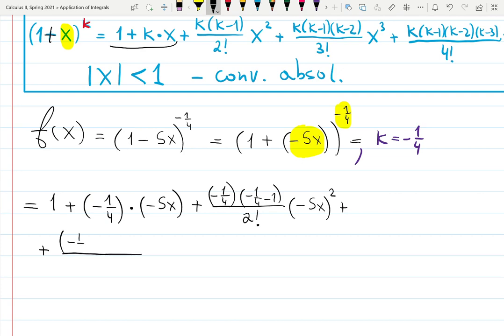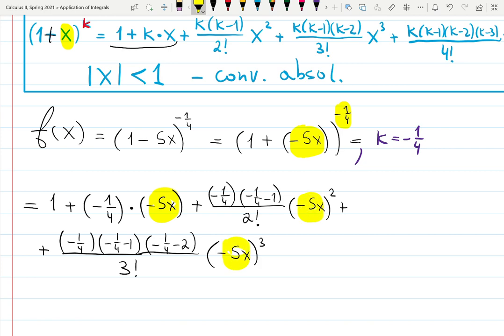So it's going to be minus 1/4 times minus 1/4 minus 1 times minus 1/4 minus 2, divided by 3 factorial. Input cubed, but input is minus 5x cubed. So always keep reminding yourself this is what we're doing. Some people call it u. U substitution kind of works here in your mind.